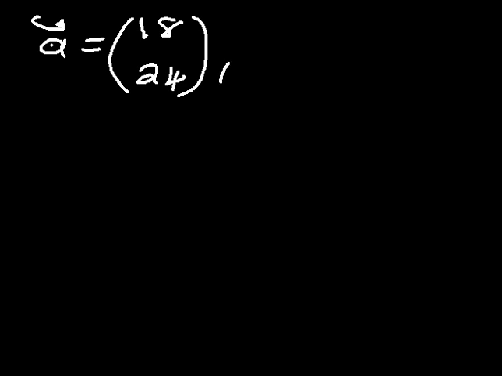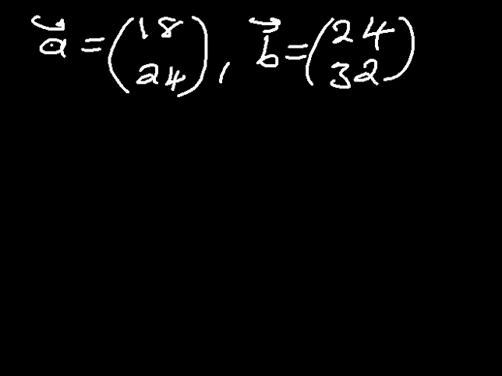And we have another vector B that is given as 24 down 32. So now, how should we show whether these two vectors are actually parallel vectors or not?